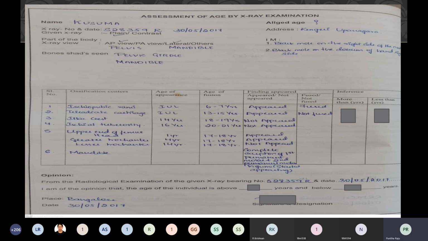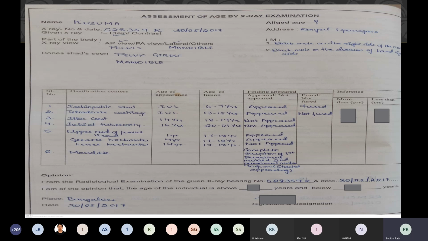And the next is age of fusion. When does it fuse? All this you're supposed to write: when it appears, when it fuses. The fourth column will be your finding in the X-ray: whether the iliac crest has appeared, whether the triradiate cartilage has appeared, whether the ischial tuberosity has appeared. All this has to be mentioned in the fourth column, one by one.